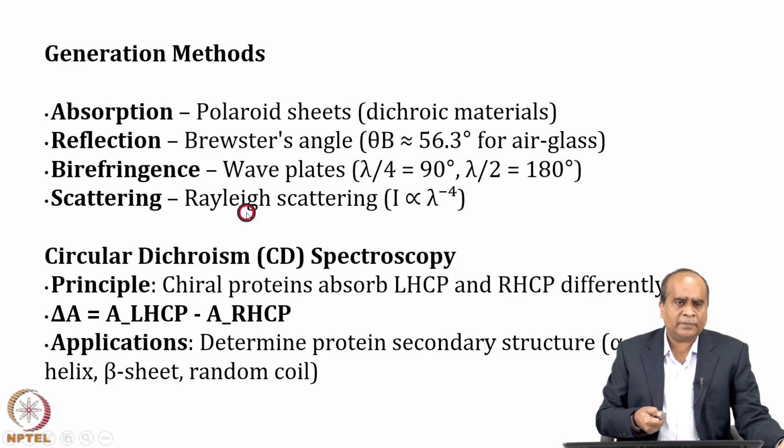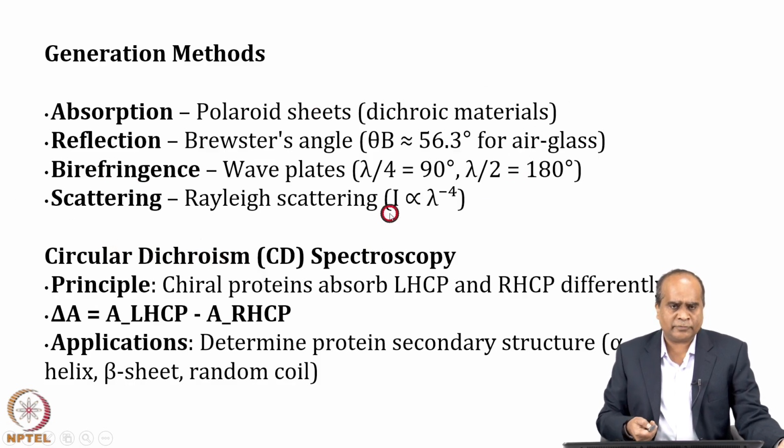Then we have briefly seen birefringence, where you have different wave plates, like lambda by 4 or lambda by 2. Then we have talked about scattering, and again we will be discussing all those in more detail as we go along. Scattering is an important phenomenon used in spectroscopy; the color of the sky is blue because of scattering.